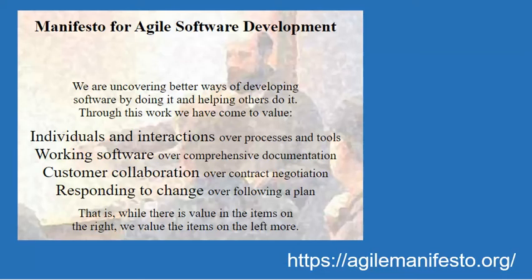When we say that, it doesn't mean that there is no value on the right hand side. What they say is that while there is value in the items on the right, we value the items on the left more. We will discuss and explore all these four values, or the four parts of the Agile Manifesto, in detail now.